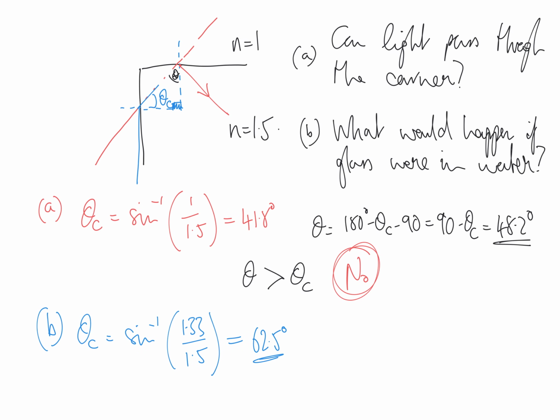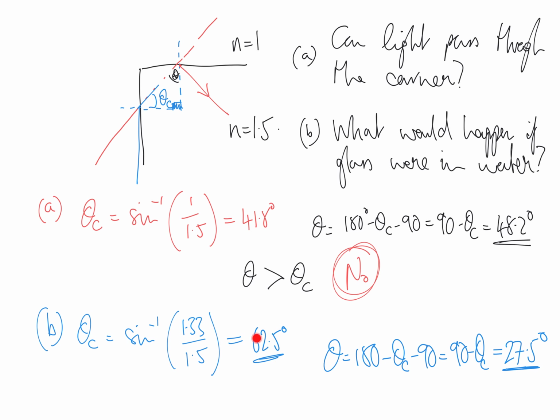Now, if we do the same again and ask what theta is going to be, well, it's 180 minus theta critical minus 90, which gives us 90 minus theta critical, which in effect is 27.5 degrees. So this angle here now is 27.5 degrees.